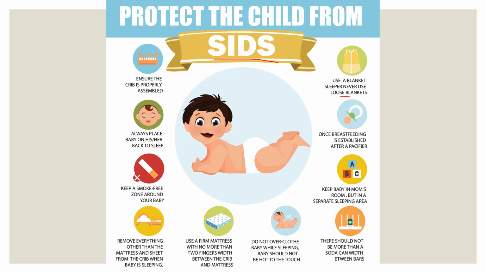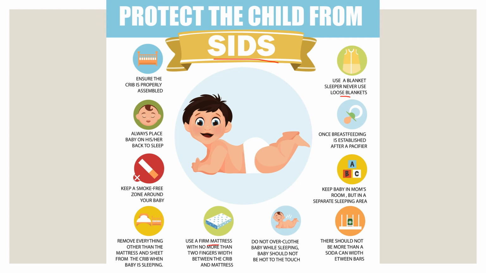Once breastfeeding is established, you can offer a pacifier. Keep the baby in mom's room, not in a separate sleeping area. There should not be more than a soda can width between the bars because the child may go out. Do not overclothe the baby while sleeping. The baby should not be hot to touch.